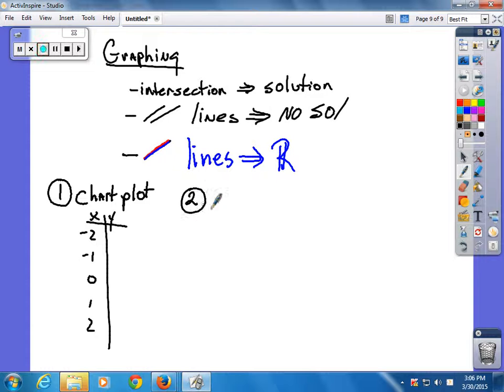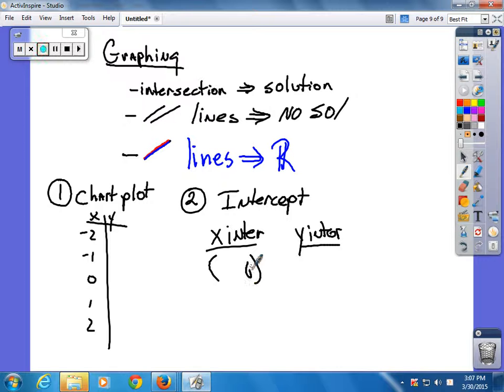The second method is called the intercept method, where you plot the intercepts, the x-intercept and the y-intercept. With the x-intercept, 0 is always y. With the y-intercept, 0 is always x. And plug each other.